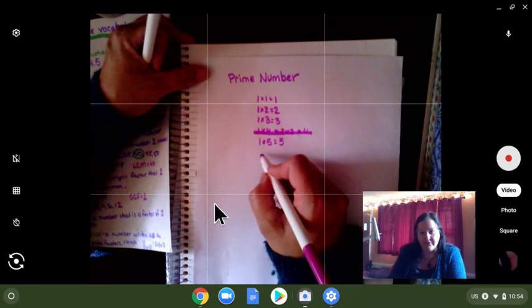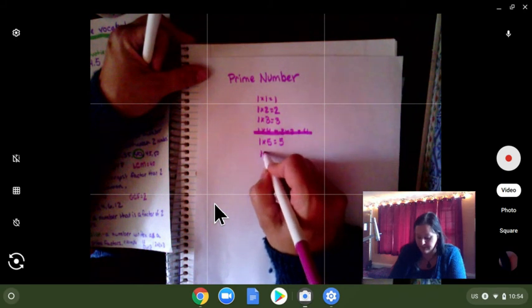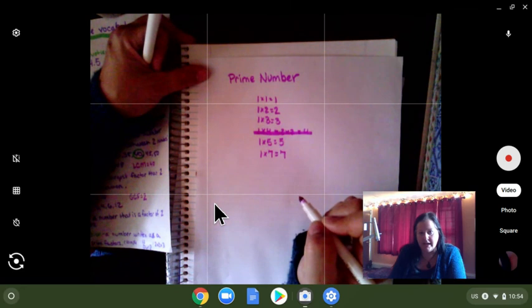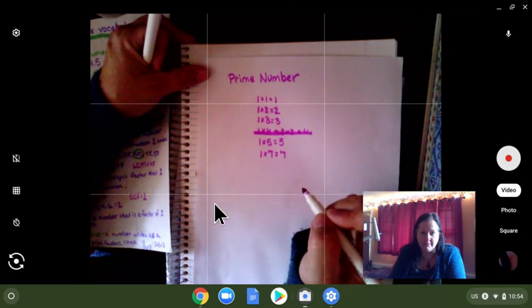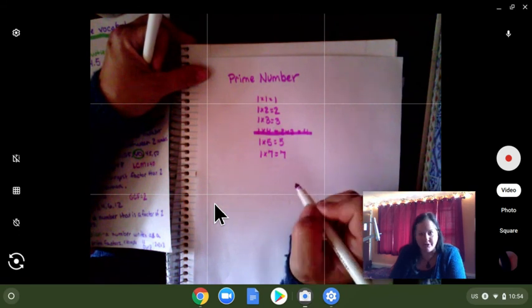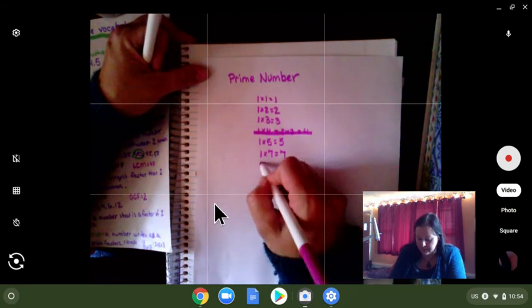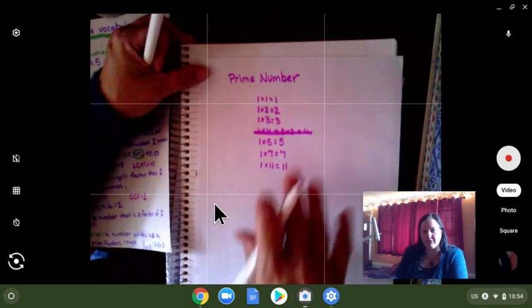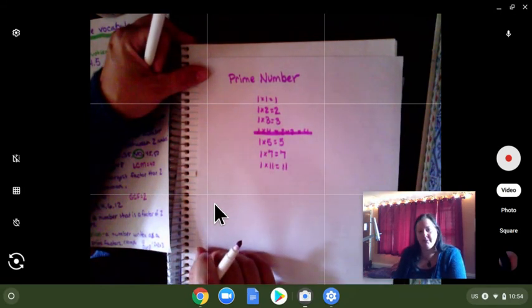For 6, we have 2 times 3, so that one is not prime. 7 is prime. 8 has 2 times 4, so that's not prime. 9 has 3 times 3, that's not prime. 10 has 2 times 5, that's not prime. So then we get to 11. 1 times 11 is 11, that is prime. So those are some of the prime numbers that we start with.